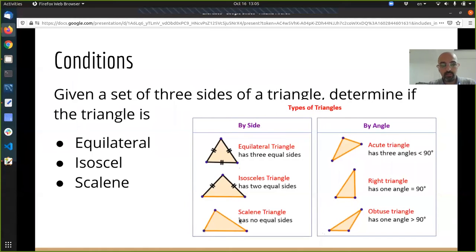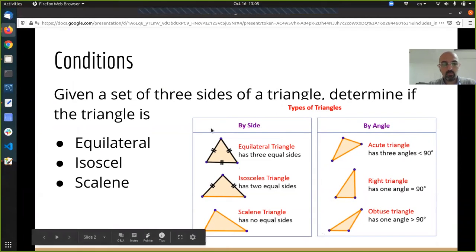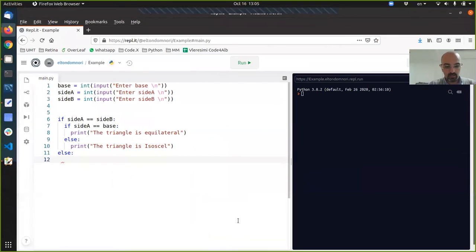This is under the condition that we have the orientation of the triangle as shown in the figure. Let's print. The other option is that the triangle is scalene.